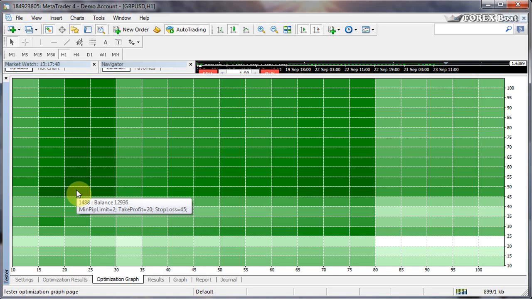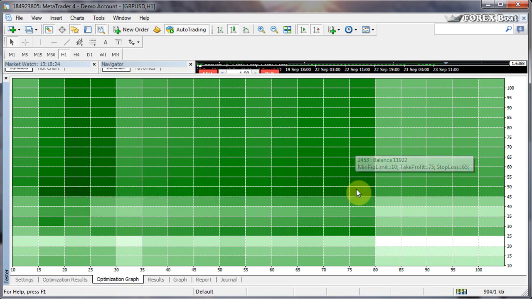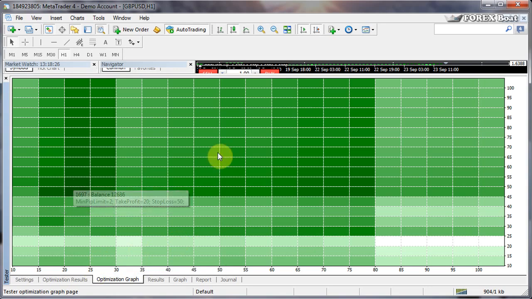So min pip limit was 1, 2, 3 and all the way up to 10, and for each one of those the take profit was 20 and the stop loss 45, and so the color represents the most profitable out of those 10. So here you can see that the most profitable out of those 10 was min pip limit 2, for take profit 20 and stop loss 45. So this allows you to analyze the two variables, take profit and stop loss, without worrying about the other ones.